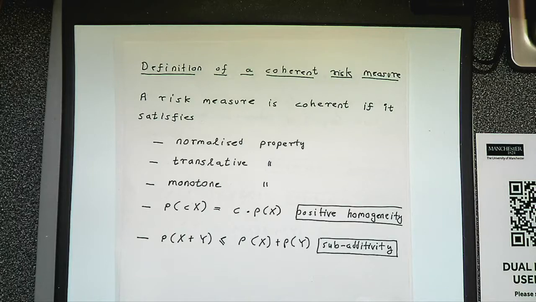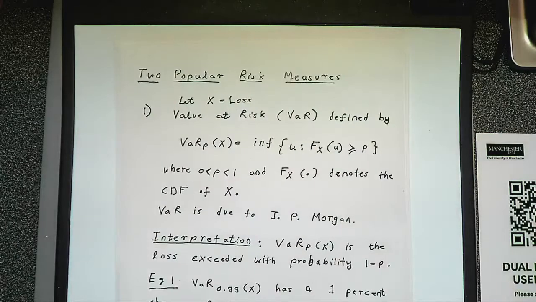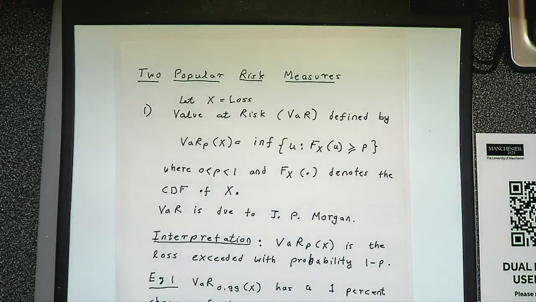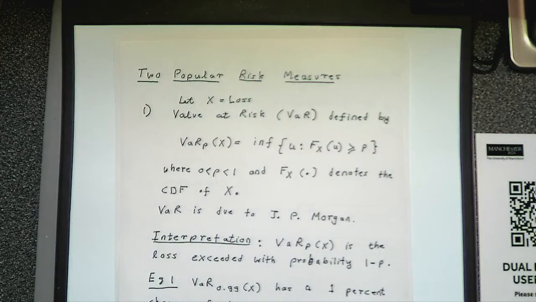Next, I'm going to talk about the 2 most popular risk measures. The first one: suppose X is a random variable representing loss. The most popular risk measure is known as the value at risk, abbreviated as VaR, not variance, but VaR, V small a capital R. It is defined as the infimum of the set of u for which the CDF of X is greater than or equal to p.